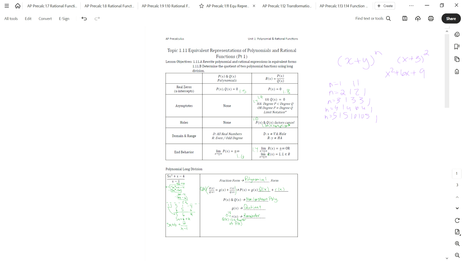One way that we talked about that shortcut was like this: we squared the first term, we squared the last term, and then took a product of the middle and doubled it.